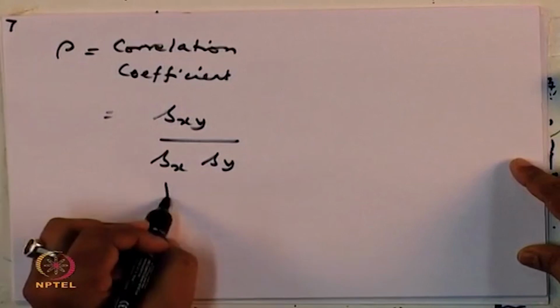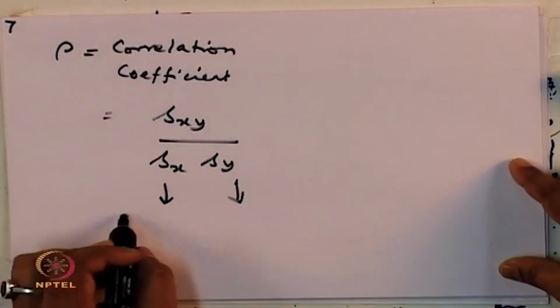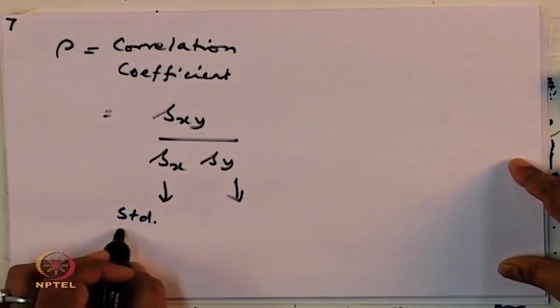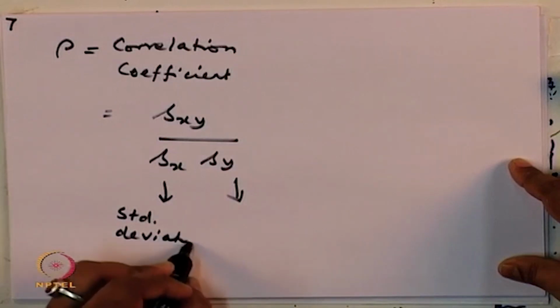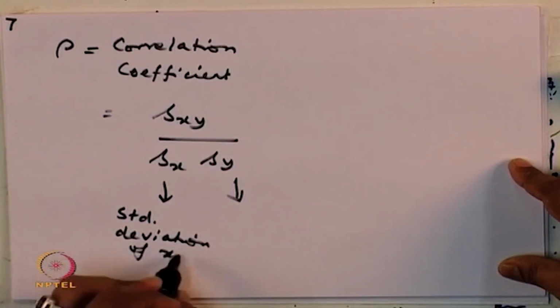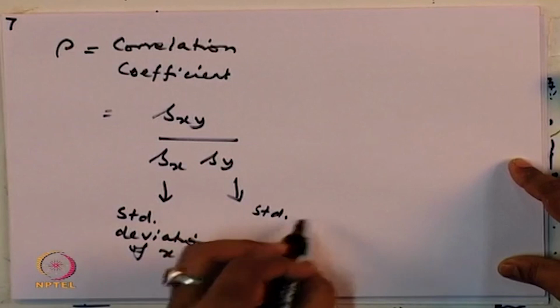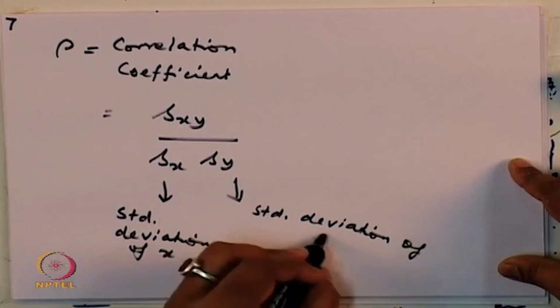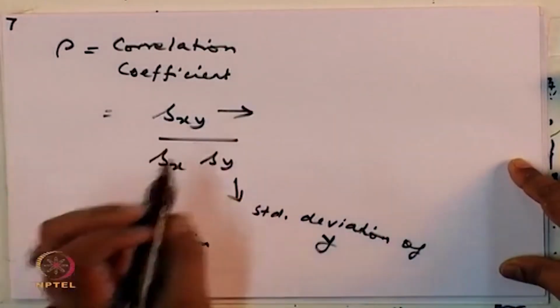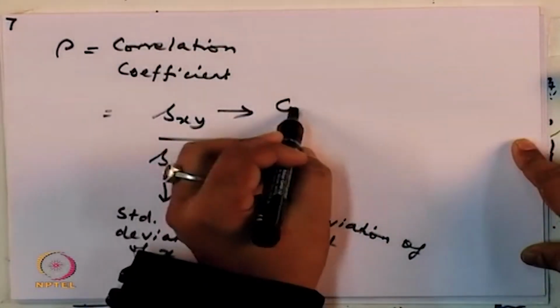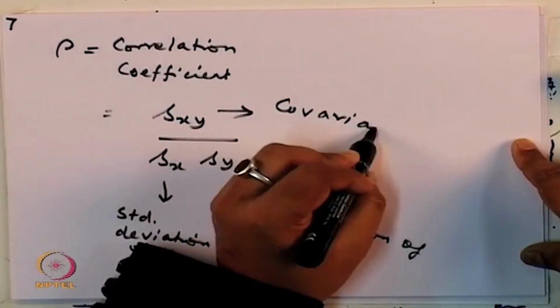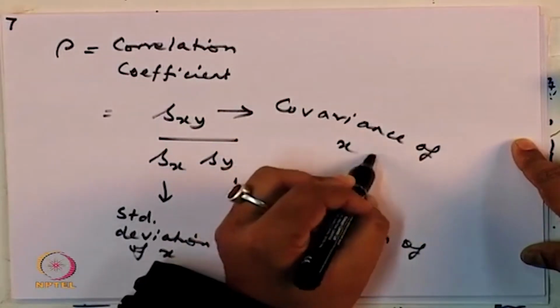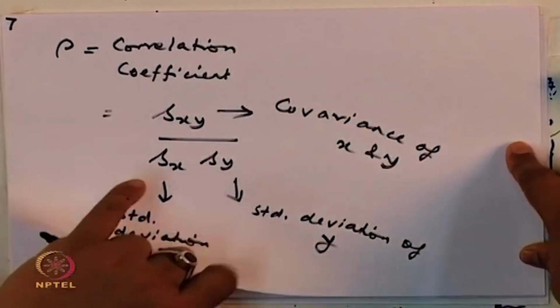Okay. Where Sx is the standard deviation of x, Sy is the standard deviation of y, and this Sxy is called the covariance of x and y. Okay.